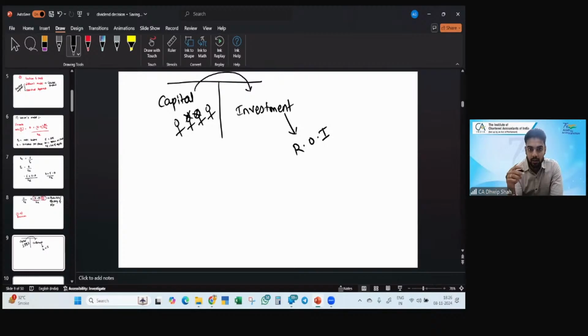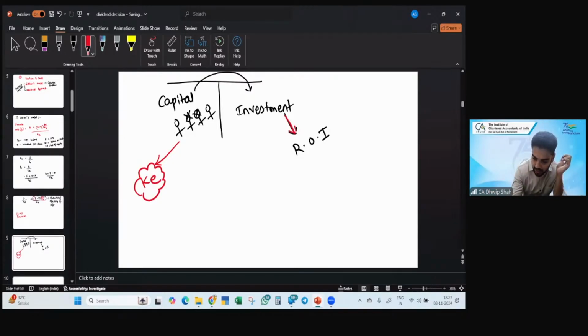Understood? Visualize, a company raised the funds from equity shareholders. It invested in the business. From that business, the company generated a return on investment. And from that return, the company will pay the equity holders what they are expecting, and their expectation, KE, is the cost to the company.